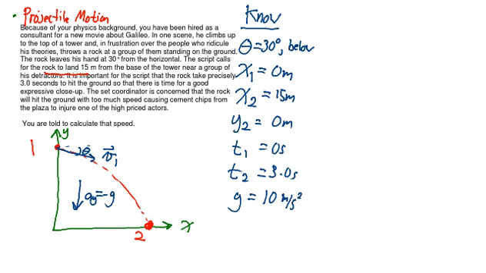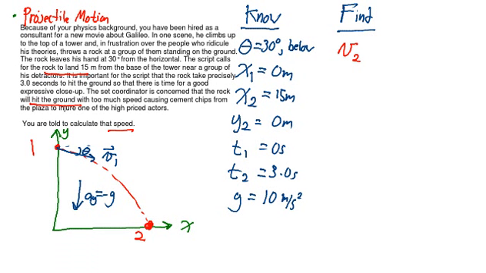Alright, so what is it we want to find about this rock? So back to the problem, we're told to calculate the speed at which the rock hits the ground. So the director is worried that somebody might get hurt, essentially. So we would like to find not the vector, but only the magnitude of the velocity at point number 2.